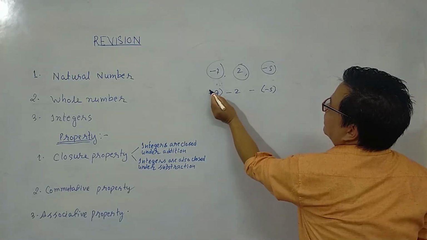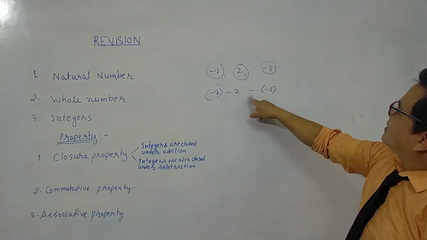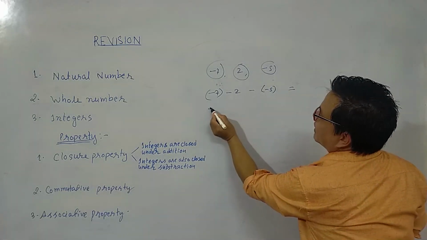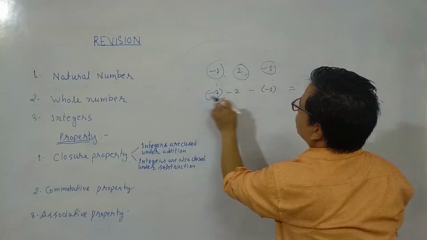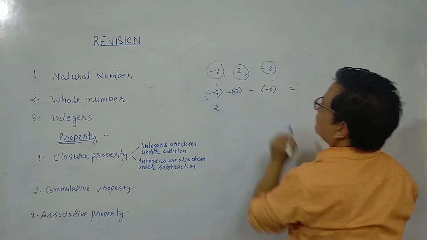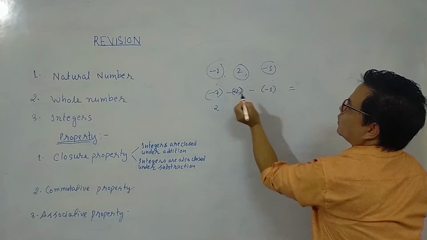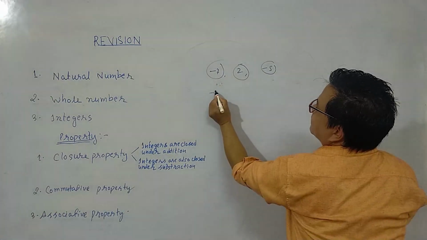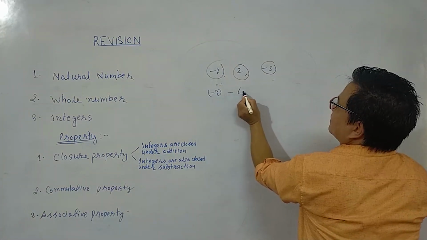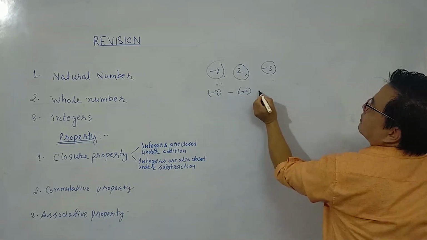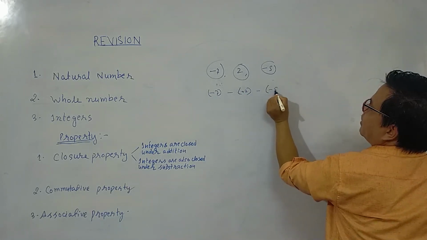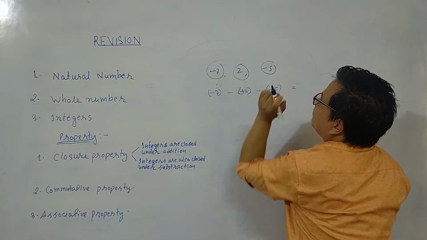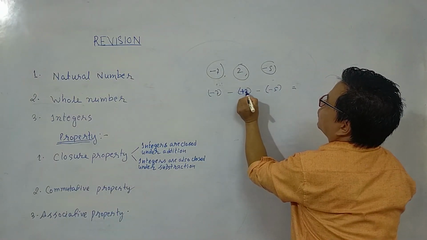Now this is subtraction. Here the sign is plus now, though we don't write it. This is minus 5, and this is plus 2.